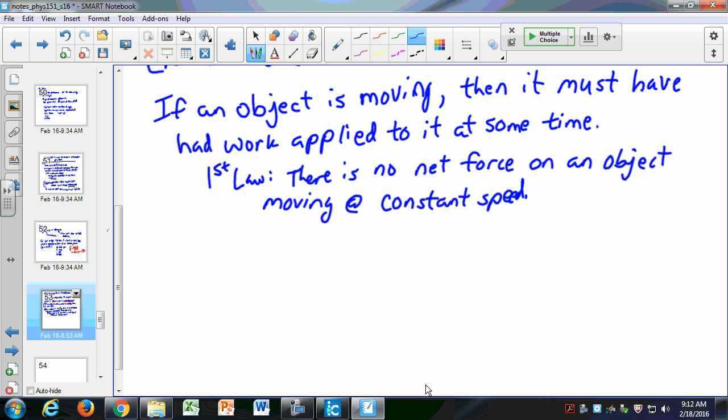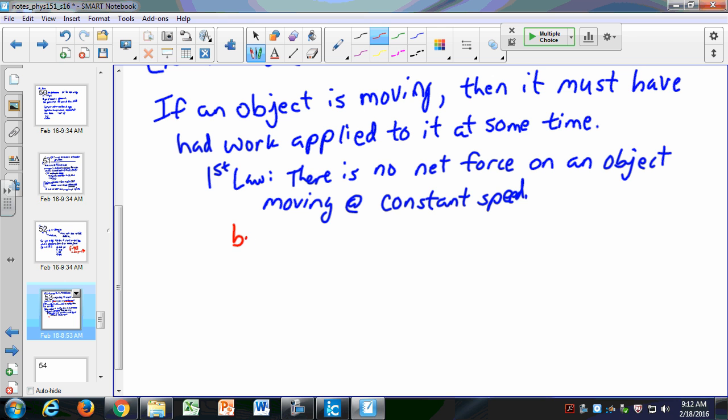So if I have this object moving at a constant speed, there is no net force on it, so that force can't be doing any work. However, there must have been some force that was applied to it at some point in the past.